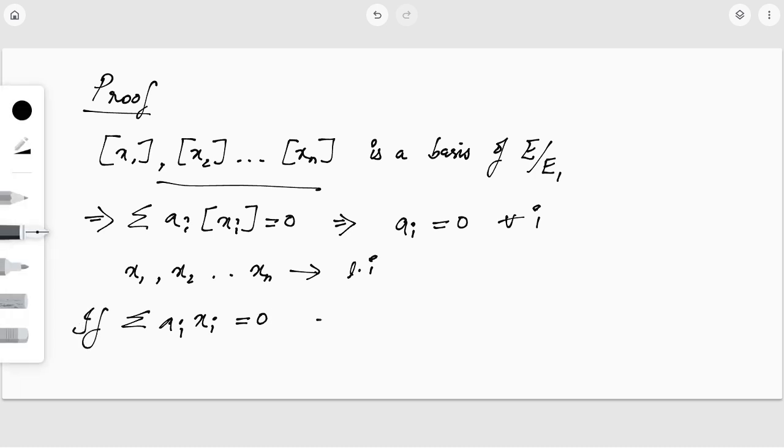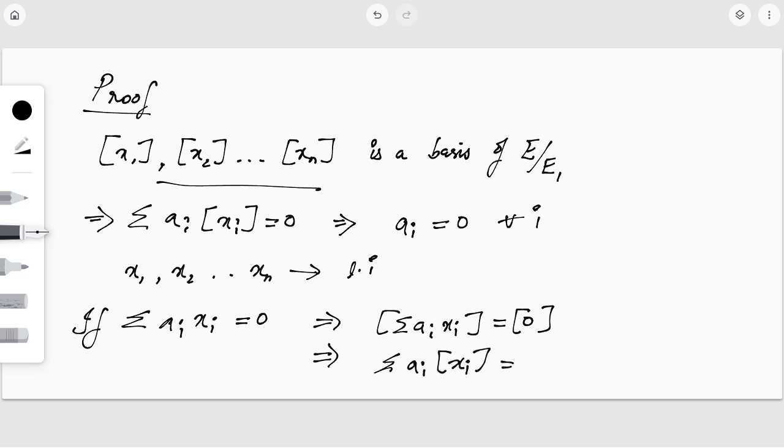Now suppose summation ai xi equal to 0. This implies coset summation ai xi will be equal to coset 0. Now by the property of coset we have summation ai into coset xi equal to coset 0. Now this further implies that each ai must be 0.